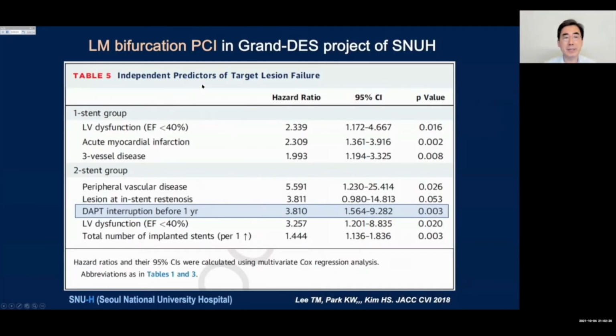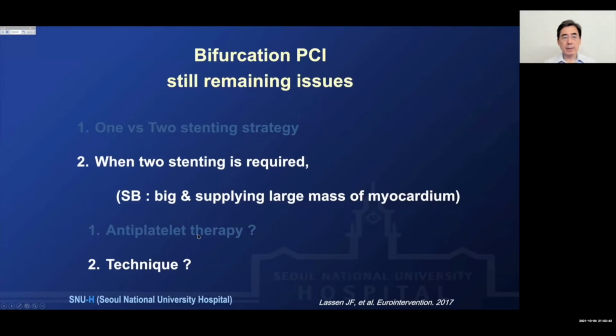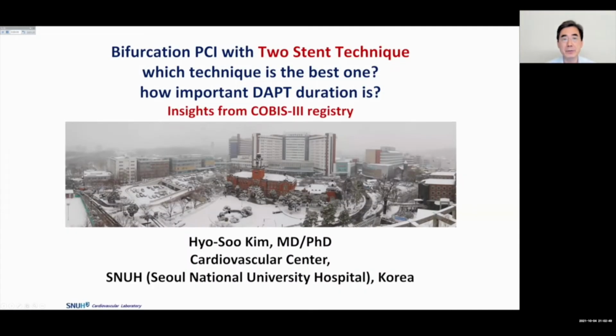We analyzed independent predictors of target lesion failure in the Granada-DS registry. Here, after two stent technique, short DAPT is really a strong, poor prognostic factor to determine target lesion failure. But in that registry, we cannot get answers on which technique is the best among several different two-stent techniques.